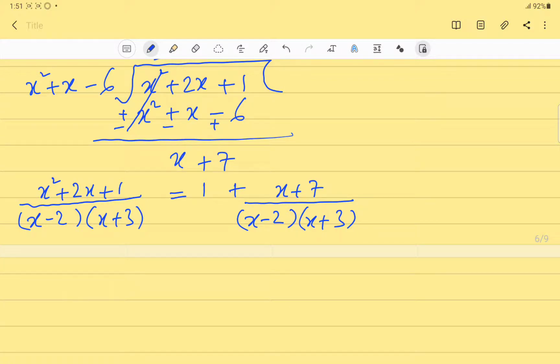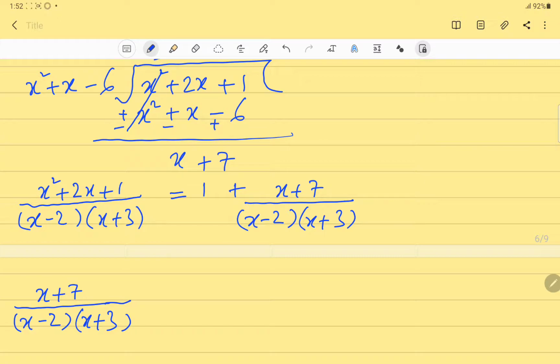Now we will leave this 1 for the time being and we will solve only for the partial fraction, the remaining fraction, which is x plus 7 over x minus 2 into x plus 3.